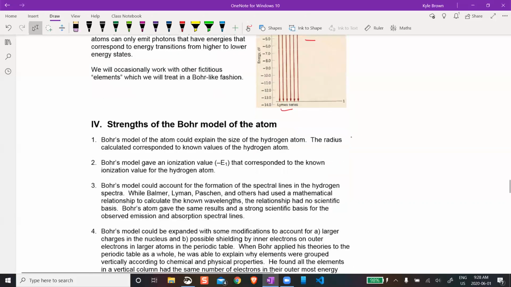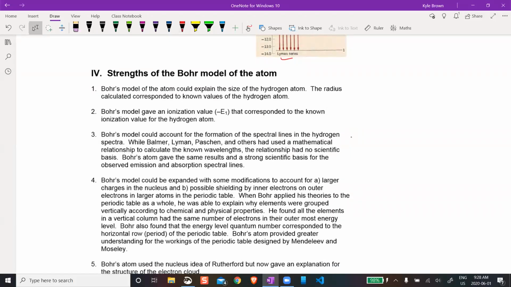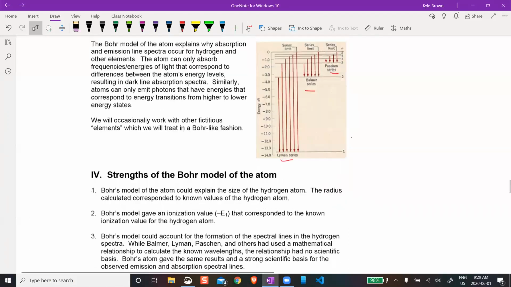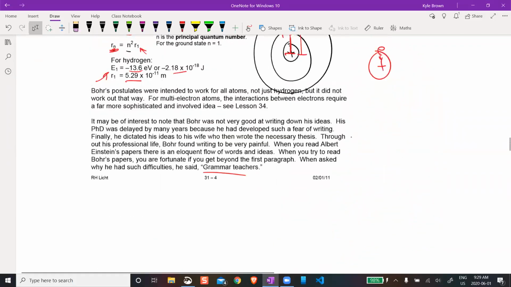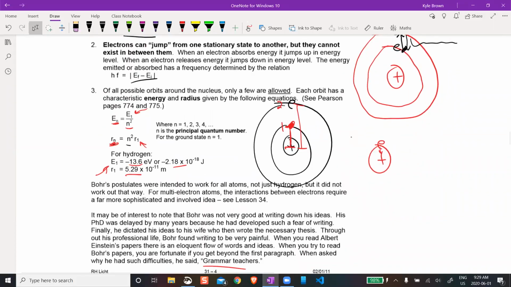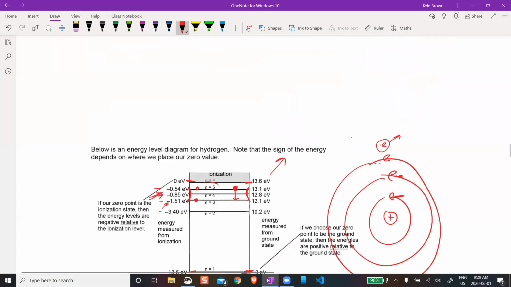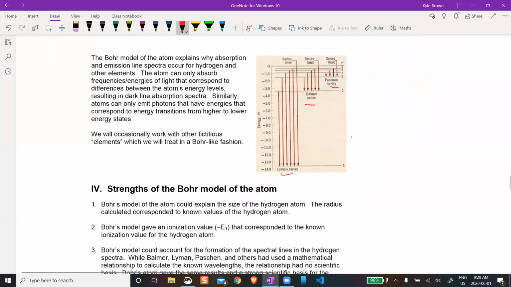Okay. Now, strengths of the Bohr model of the atom. So Bohr's model of the atom could explain the size of the hydrogen atom, right? He was able to use his equation, this one, to figure out the radius of the atom of hydrogen. So mathematically, he was able to actually show that.